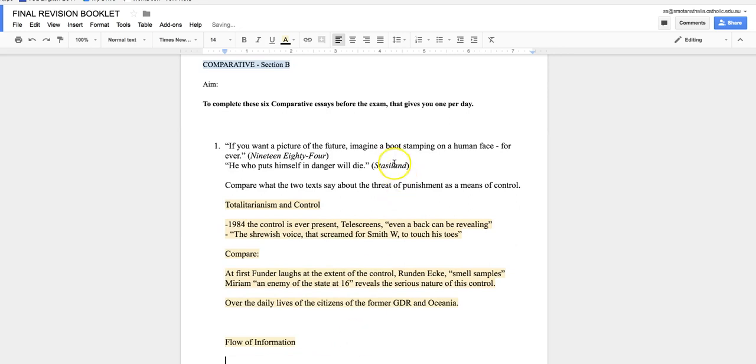So let's go back to our question. If you want a picture of the future, imagine a boot stamping on a human face, blah, blah, blah, danger, die, punishment, means of control. Flow of information.